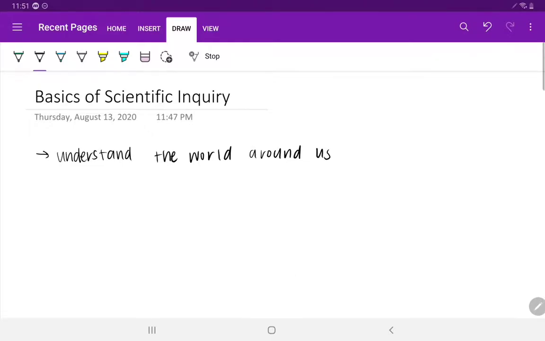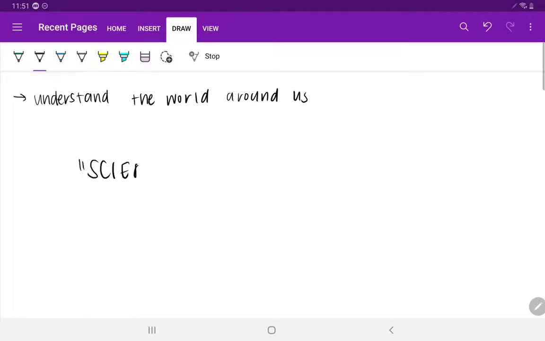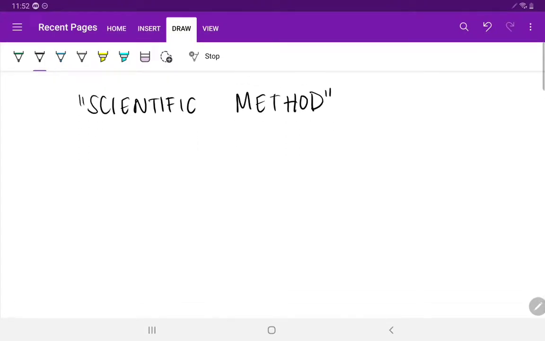So you probably have heard of something called the scientific method. And maybe your experience with it is that the scientific method is concrete. It's unchanging. It's one fixed way of making new discoveries. However, in the real world, the scientific method isn't really something that's applied when conducting research.